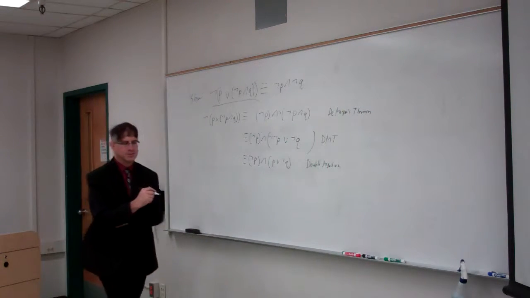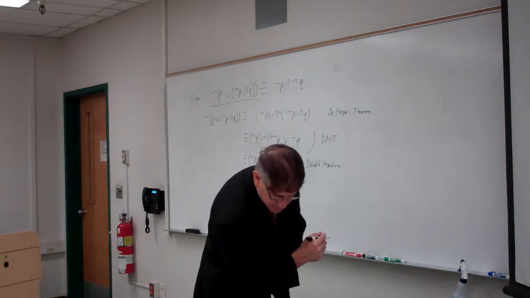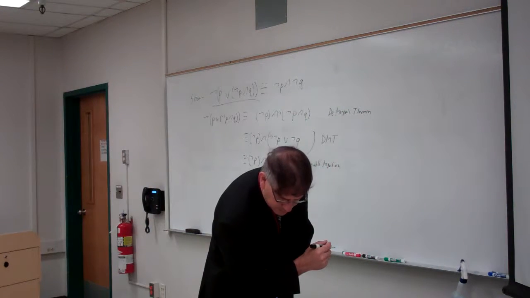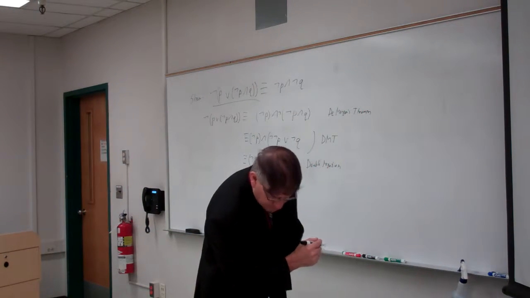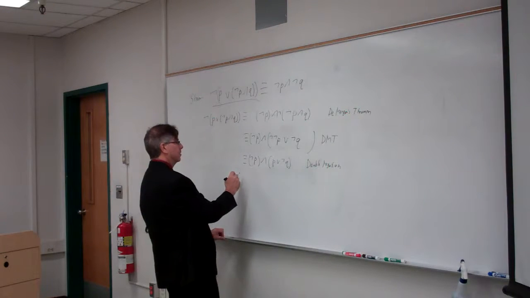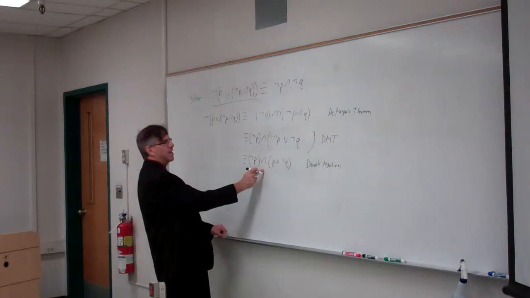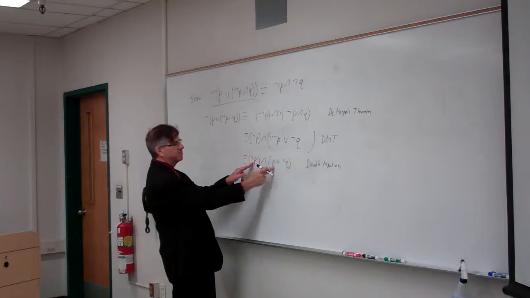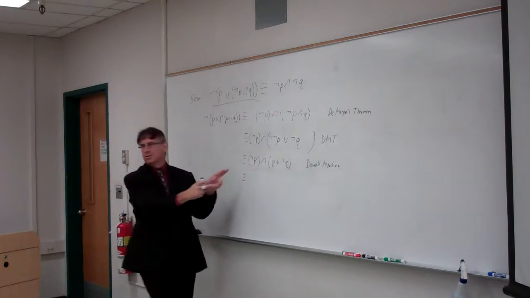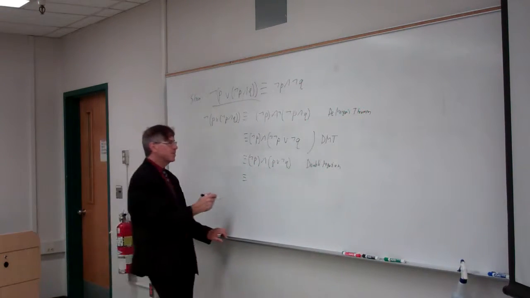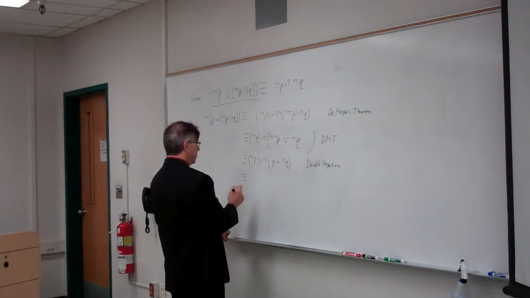And did I call it distribution? This thing anded with this or this is the same as this anded with this, or this anded with this. I think that was back from Monday.